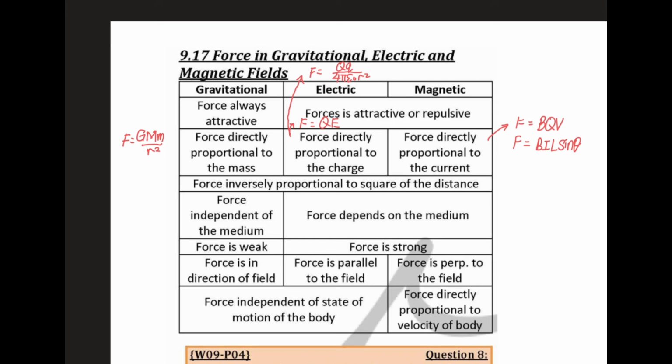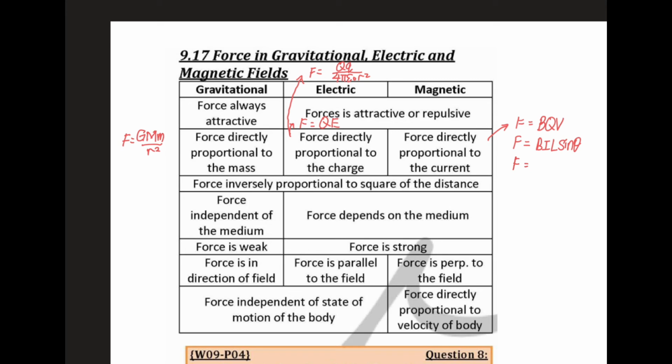Okay, let's move on. Maybe I can give one more situation for the magnetic force. Although this formula is not that formal, it came out in a past year paper.